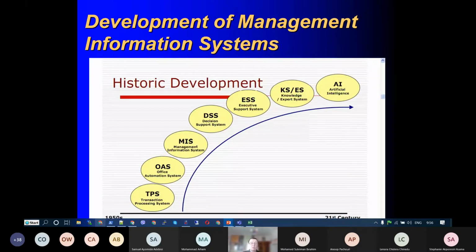And if we talk about the development of management information systems, it starts from the extension of TPS by various office automation systems, then the development of fast MIS, extending features with DSS or executive support systems into knowledge and expert systems, which are not only capable of suggesting decisions but also provide managers with a final solution, and even up to modern times when we already have some preliminary kind of artificial intelligence systems.